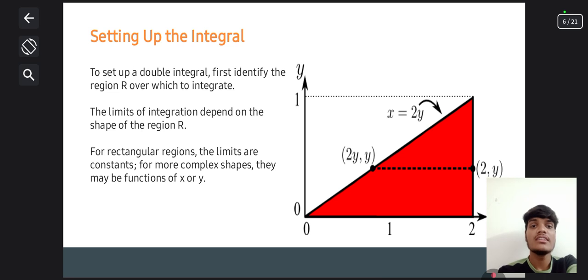For a rectangular region, the limits are constants. For more complex shapes, the limits may be functions of x or y. For different shapes the limits are different, but for a rectangular region the limits are always constants like a or b.